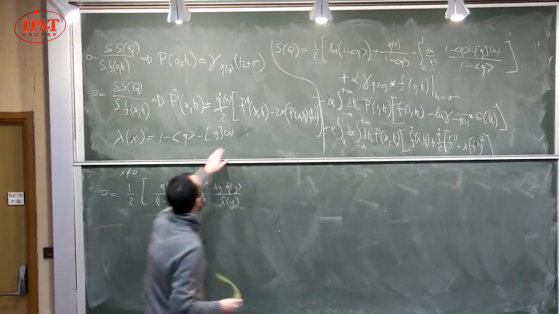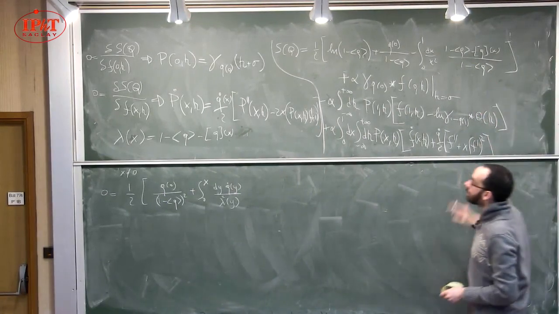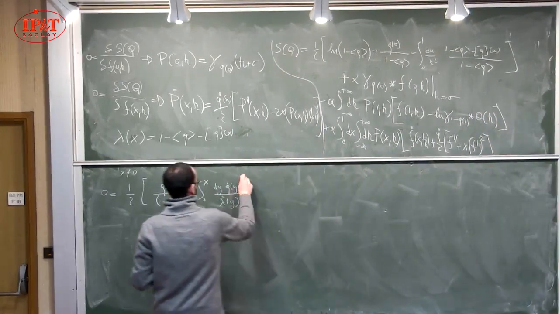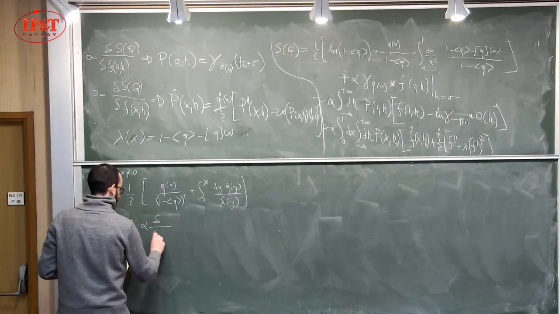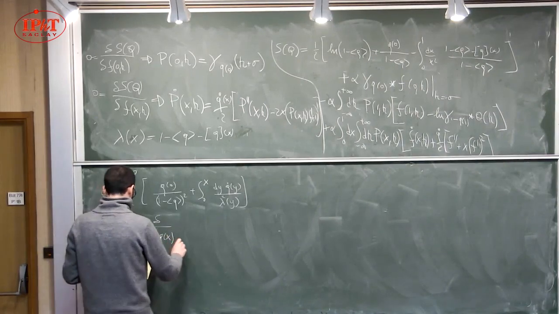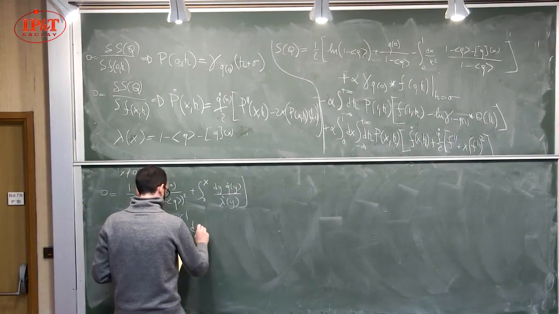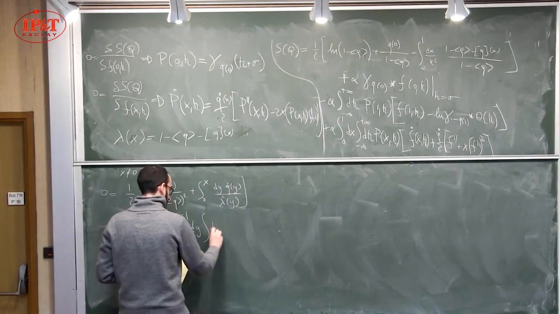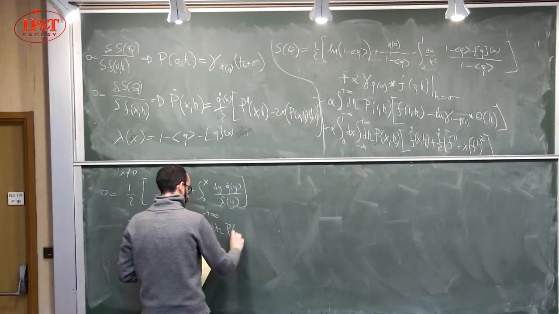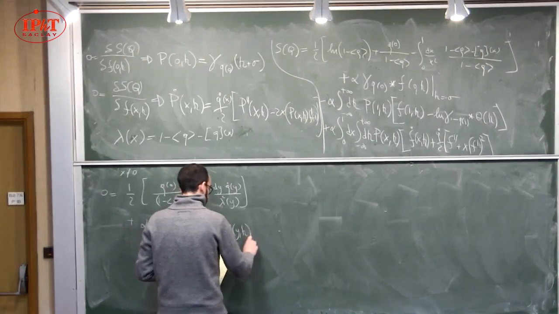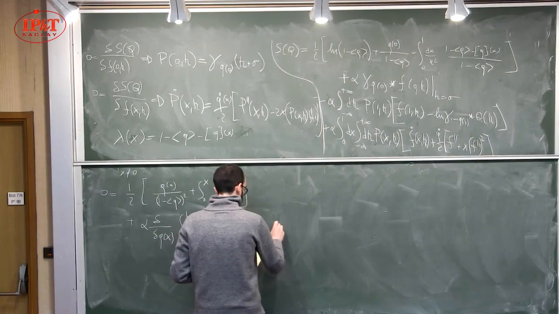So it's the quantity that appears in the numerator of this. And then we have plus alpha, dy, and then we have f dot plus q dot.